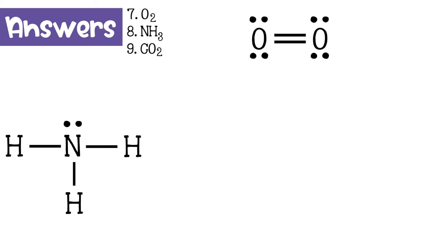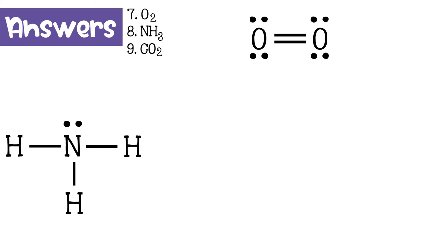Now, hydrogen has a duet completed, and so does the second hydrogen and the third. Nitrogen has a lone pair up top, and then 2 electrons in each bond. So that's 6 bonded electrons for a total of 8 electrons, or a complete octet.